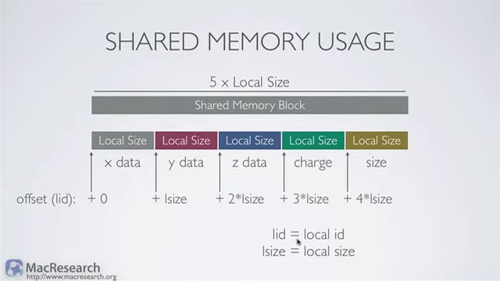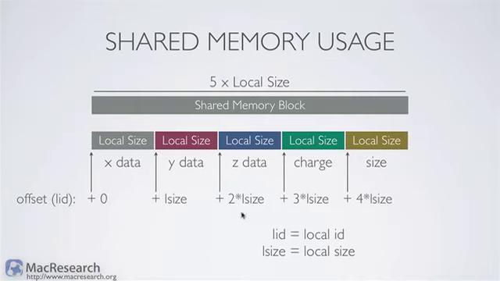When I want to calculate a value that it's going to need to read, to load the data from global memory, it's going to be calculated based on some kind of local ID offset. That's the initial positioning. The local ID we're going to use to index into global data, and also to index into shared memory at some point when we're copying the data in.